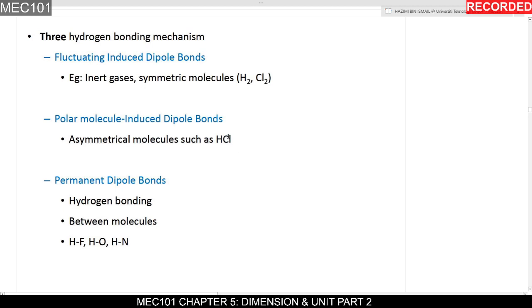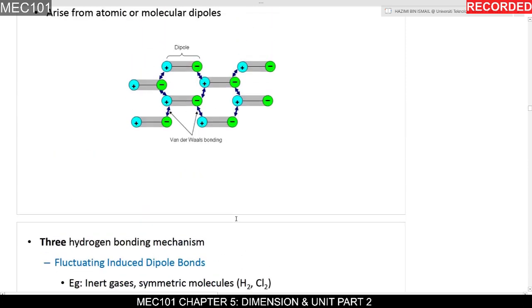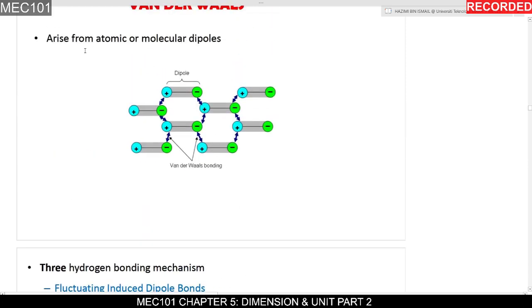So now HCl has two types of bonding. One is the ionic between hydrogen and chloride itself, and also between the molecules of hydrogen and chloride, the secondary, what we call the van der Waals bonding. How does the van der Waals form? It is because of the atomic and molecular dipoles.